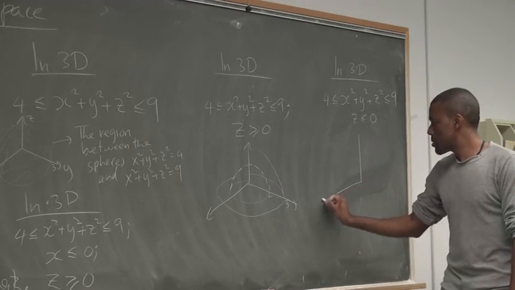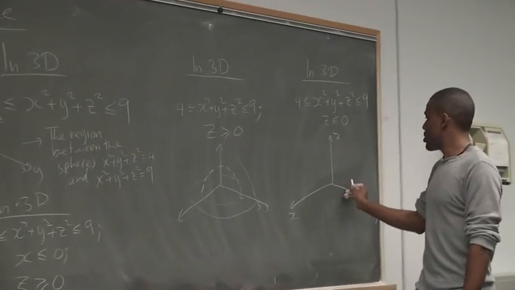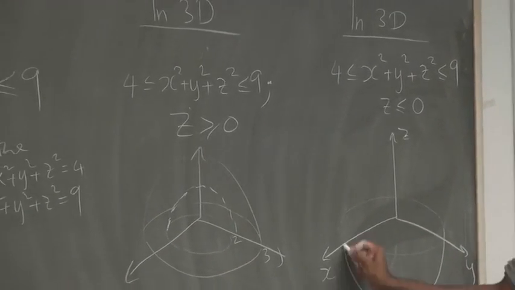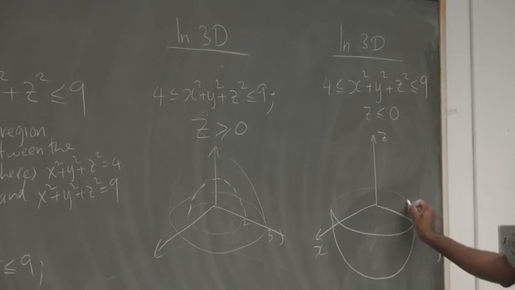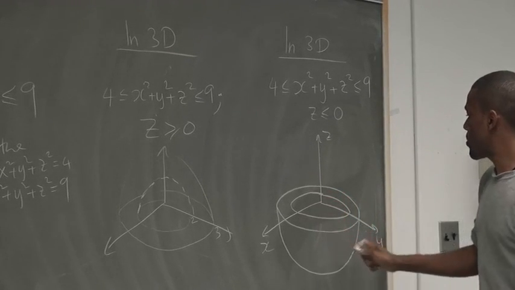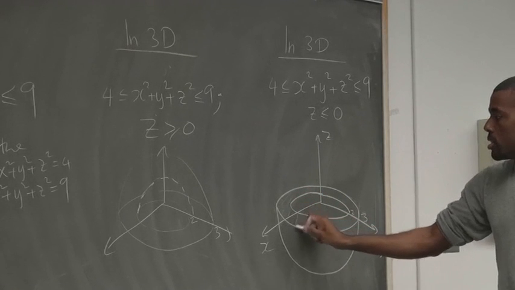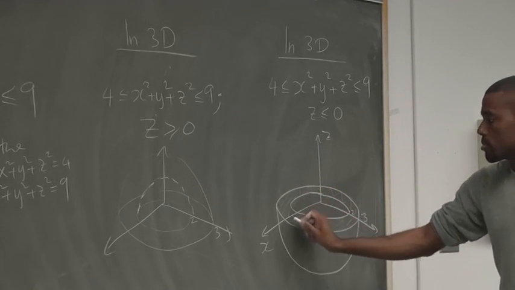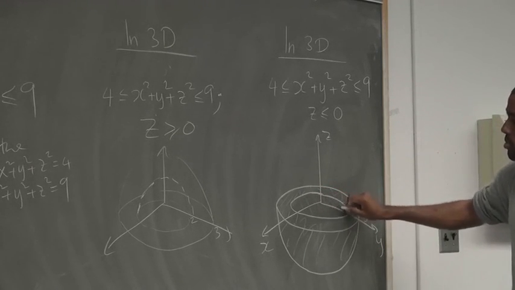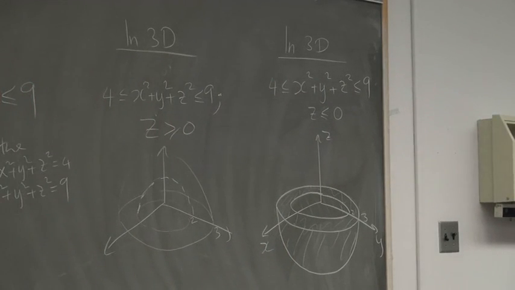Here, again, it's a similar thing, except now you want the part of your sphere that's below. This is 2, this is 3. I want everything here. What would this guy look like over here?